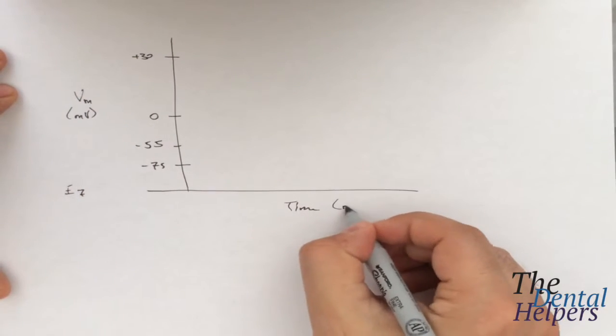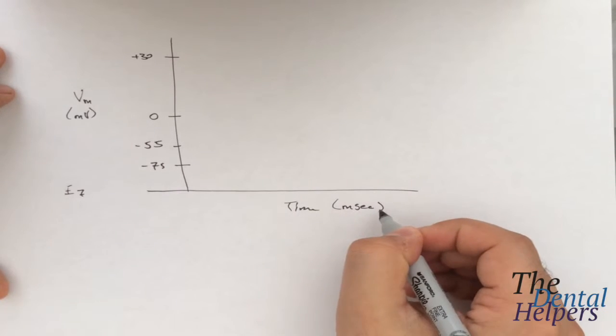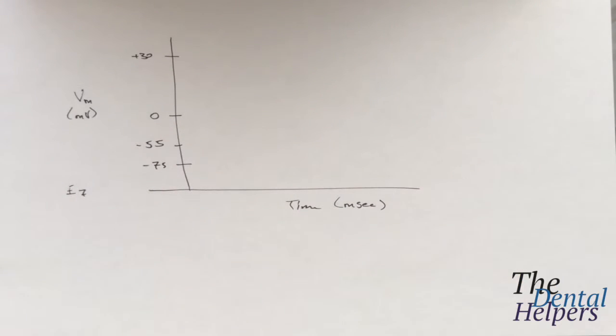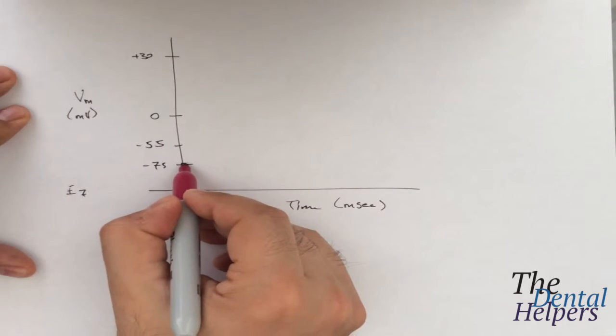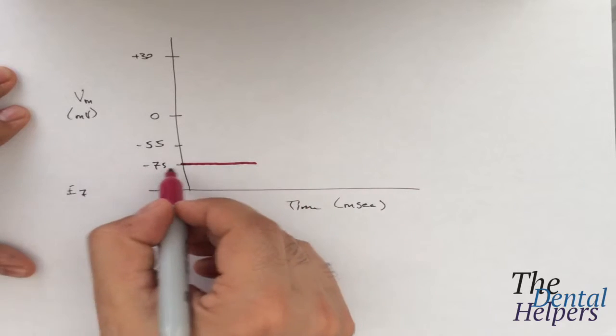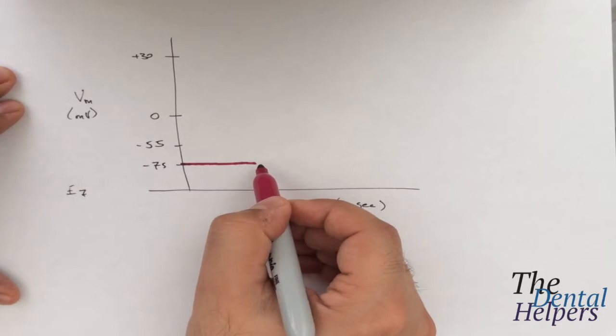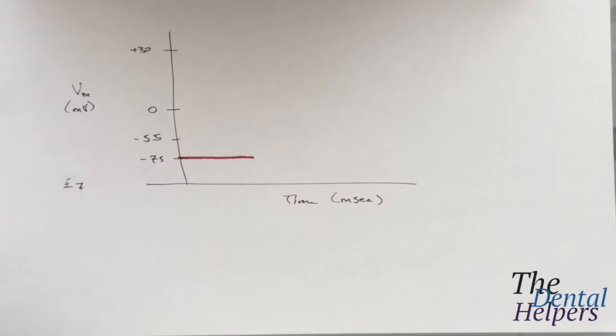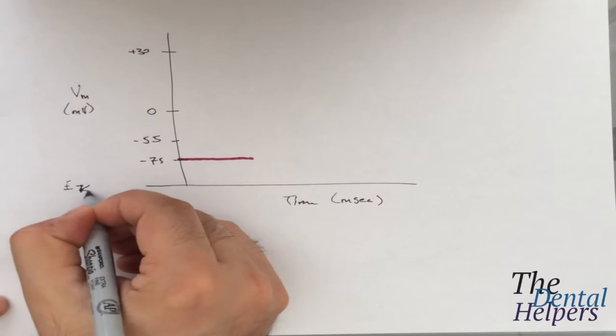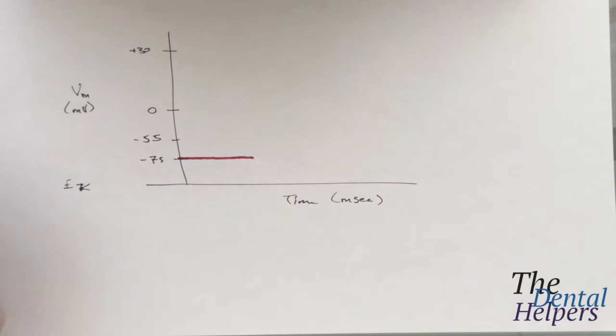We're also going to be looking at this in terms of milliseconds. Initially, it's going to stay at negative 75 millivolts, which we found out is related to potassium's equilibrium value.